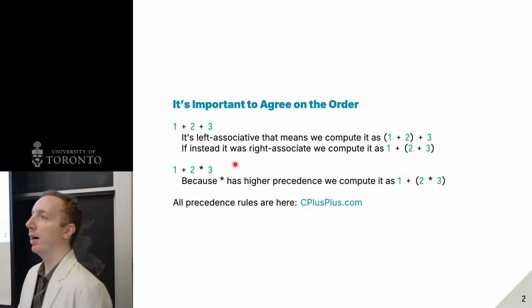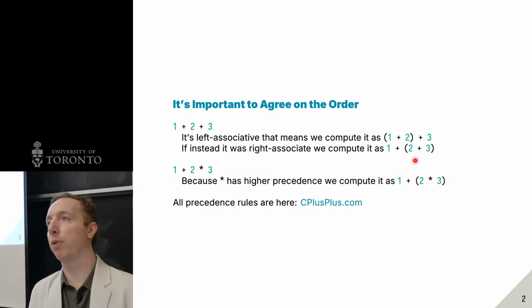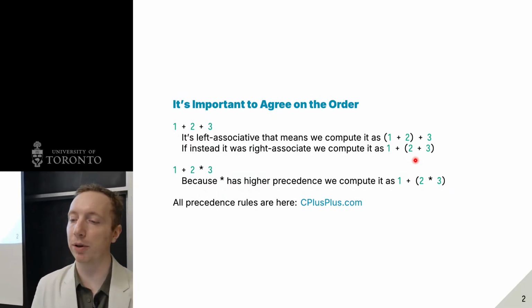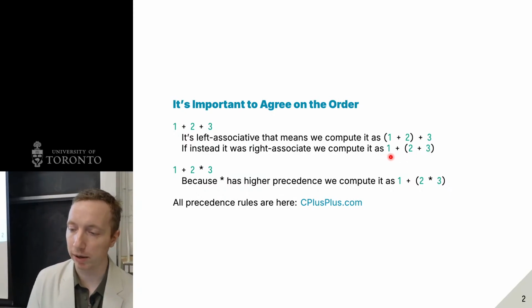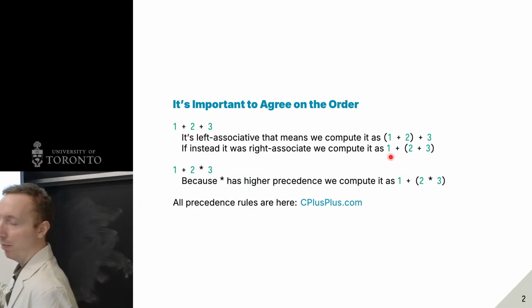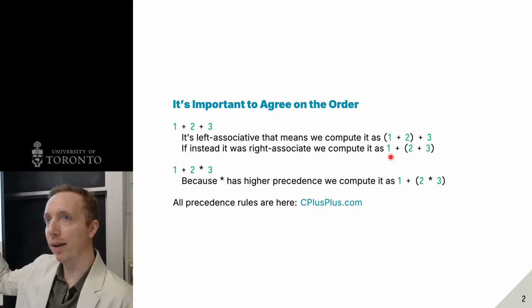If instead addition was right associative, I would start grouping from the right side first. So I would do 2 plus 3 first, and then plus 1. Because mathematics commutes, both of these get the same result.